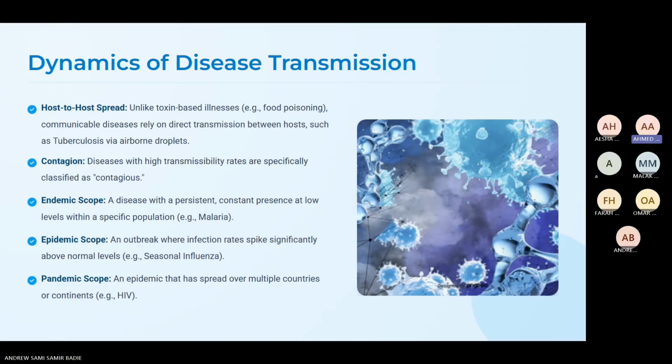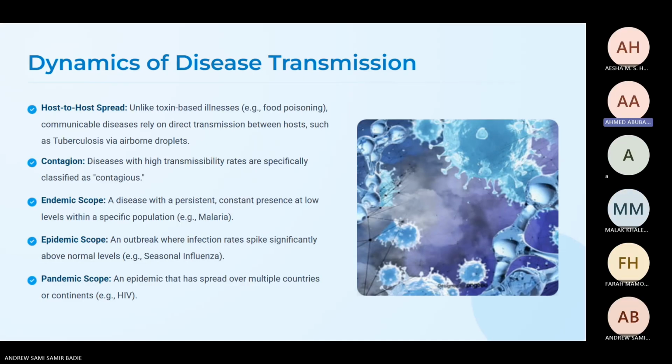And now we need to understand three terms: endemic, epidemic, and pandemic. Endemic means that the disease is always there, but it's humming at low levels, for example malaria in Africa. Epidemic is when the cases of the disease are increasing, so there are more cases than usual.